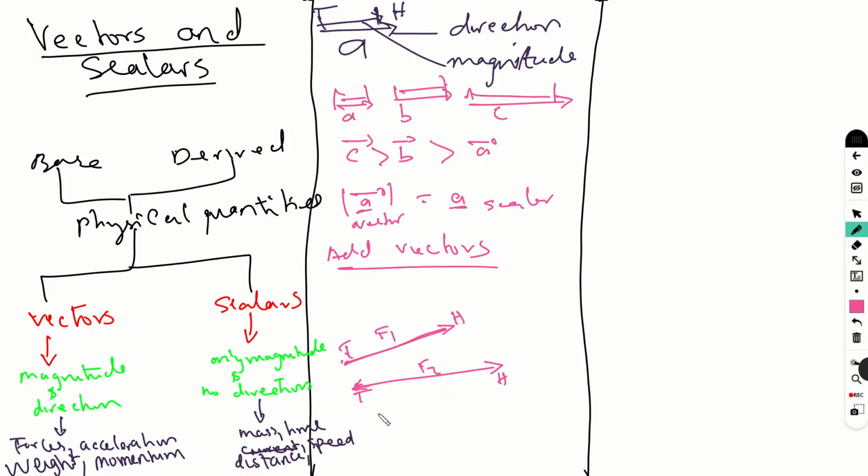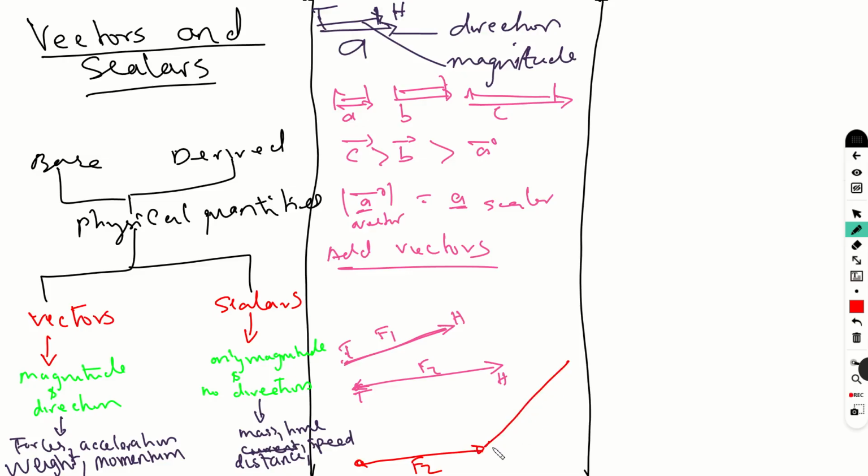For me to add these two vectors, I have to draw the vector first. The first one, let me say this is F2, which is horizontal. The next one will start from the head of the first one, so I'll draw this.